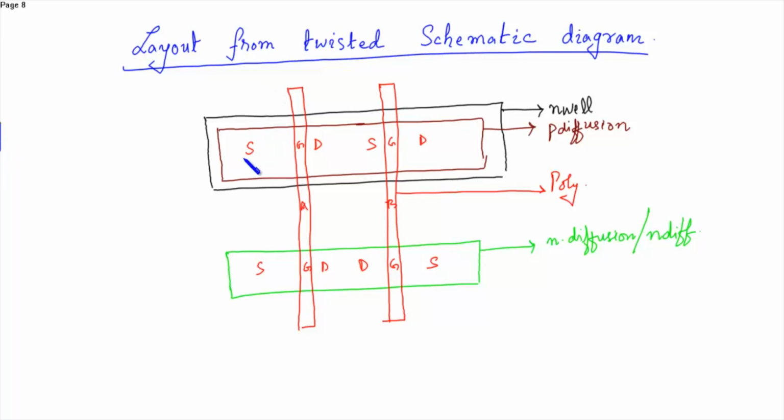The source is connected to VDD. Okay, now this is the common drain and source. Then the drain is connected to the common drain.